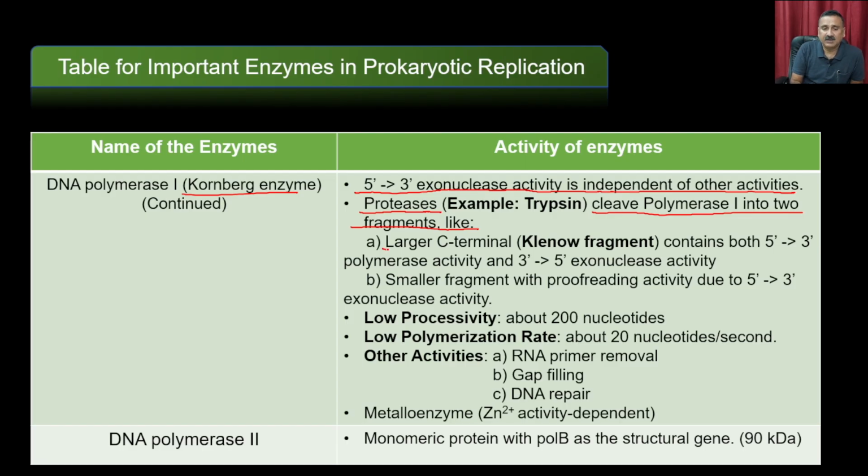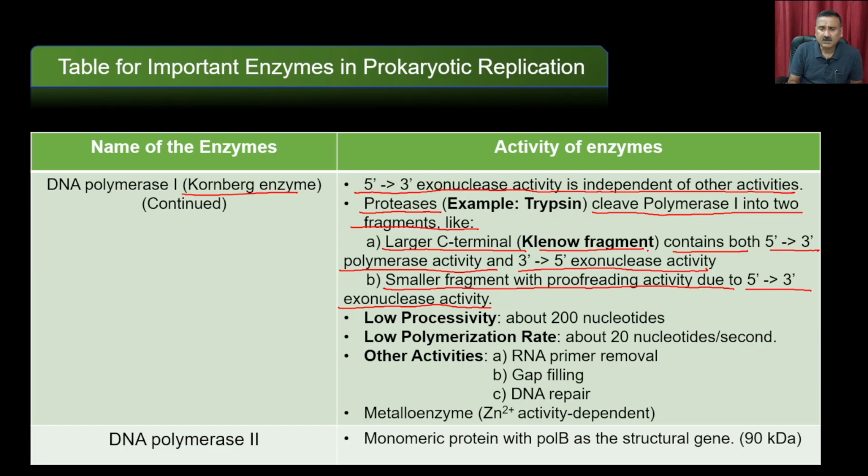You are going to have the larger C terminal fragment, called the Klenow fragment, which contains both the 5 prime to 3 prime polymerase activity and the 3 prime to 5 prime exonuclease activity. And then you are also going to have the smaller fragment, which has the 5 prime to 3 prime exonuclease activity.